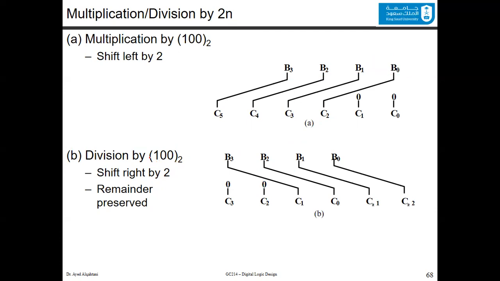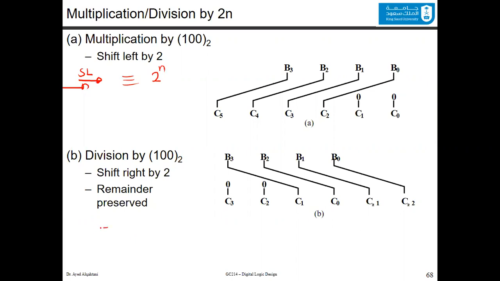As a general rule, for multiplication, if you shift to the left by n positions, let's say n positions, this means that you are multiplying by 2 to the power of n.